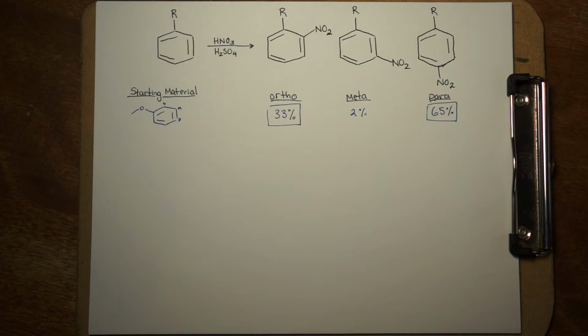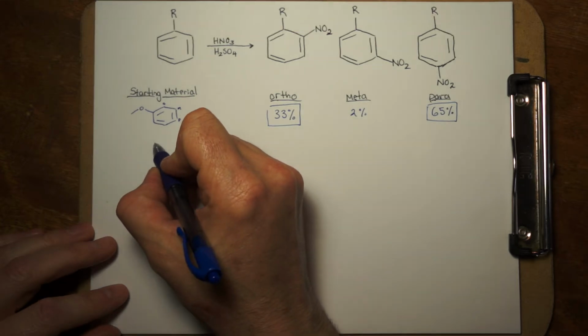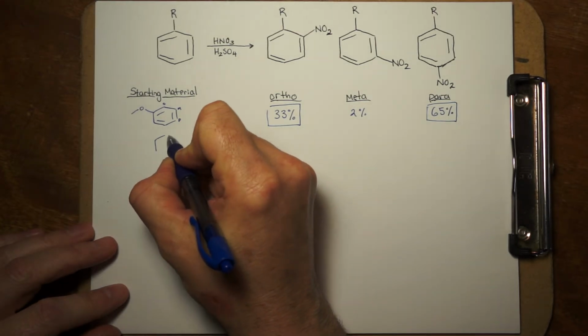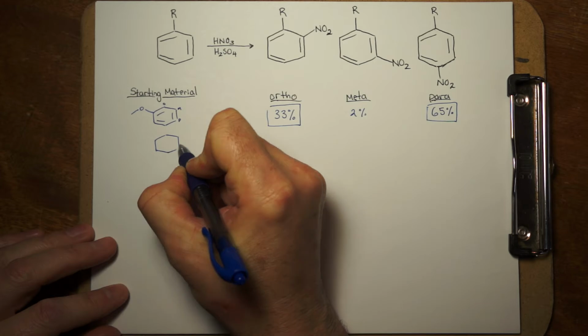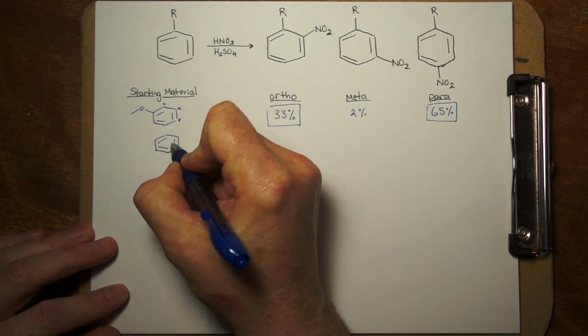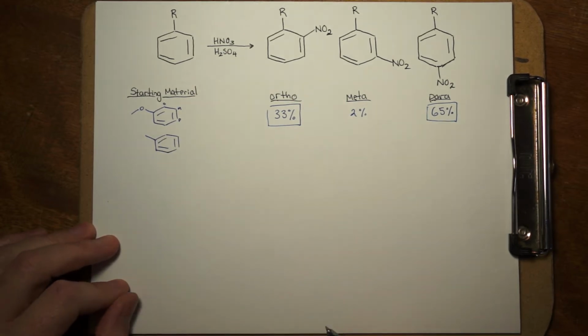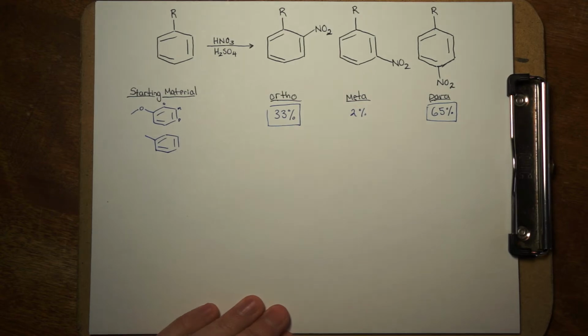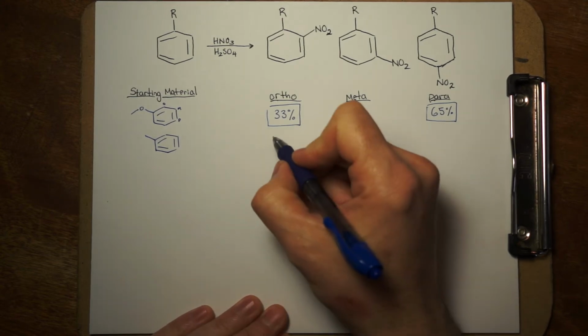And so this reaction supports the ideas and the theories that we learned in the previous videos. If we look at another electron-rich arene, maybe not as electron-rich, replace that methoxy group with a methyl group, so just looking at toluene.